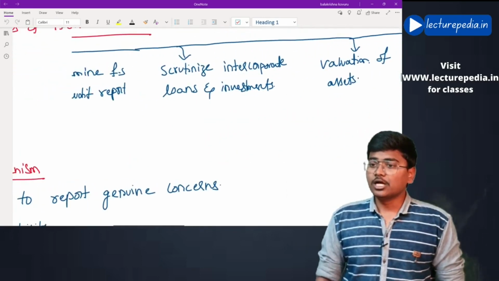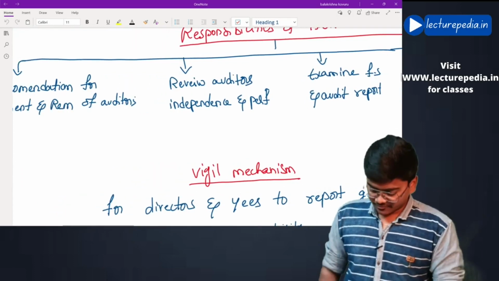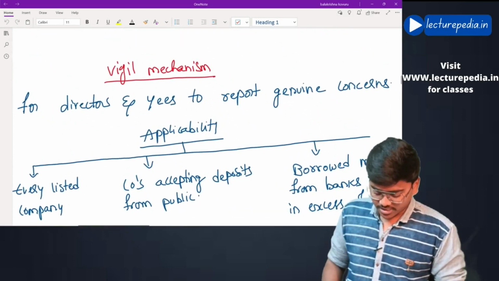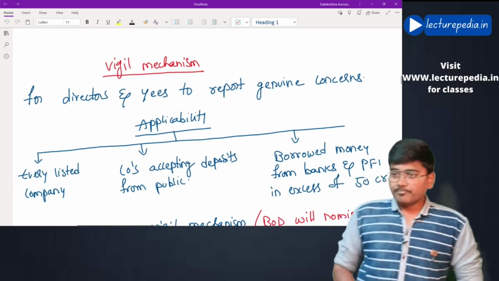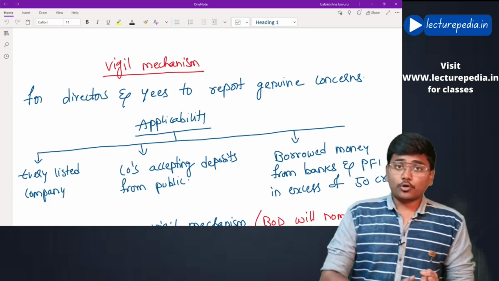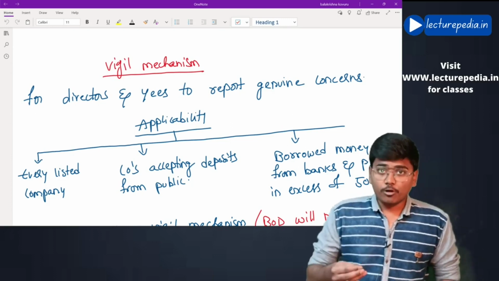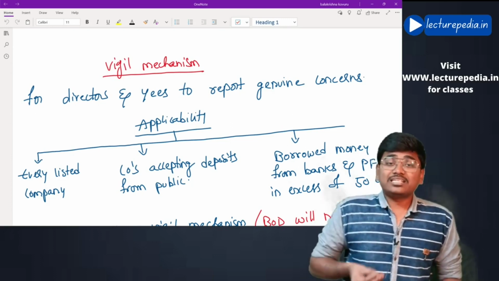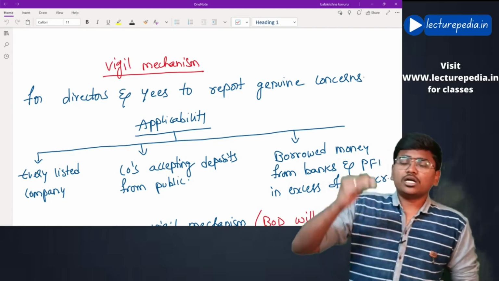That is regarding omnibus approval. Next, whistle mechanism. What is this whistle mechanism? Basically, this facility is available to directors and employees of the company to complain or inform their genuine concerns to the top management.